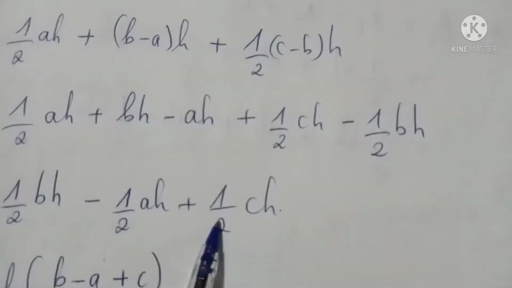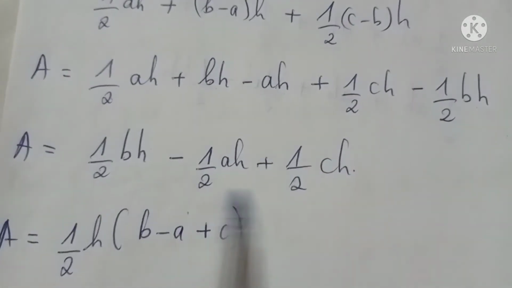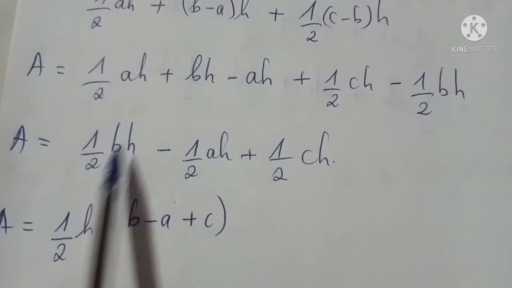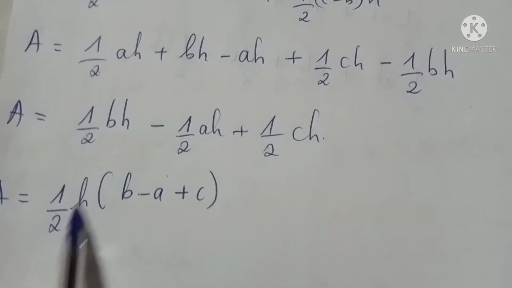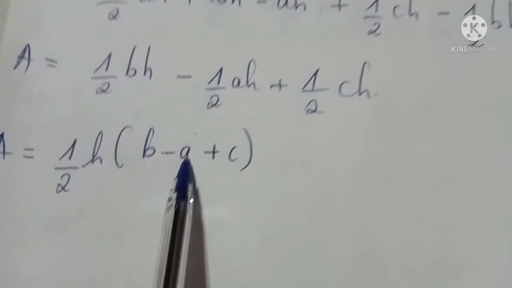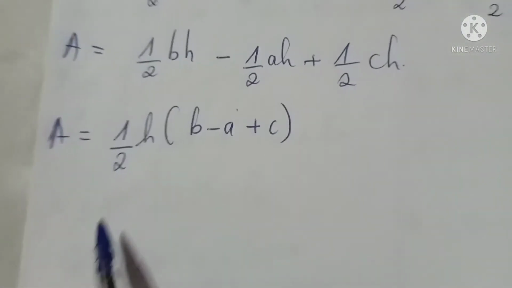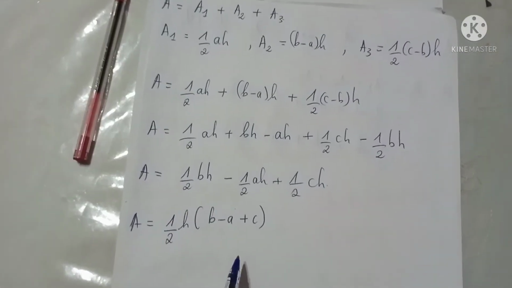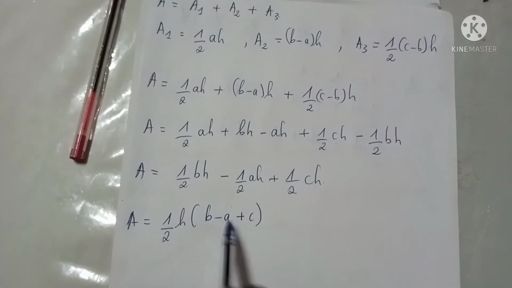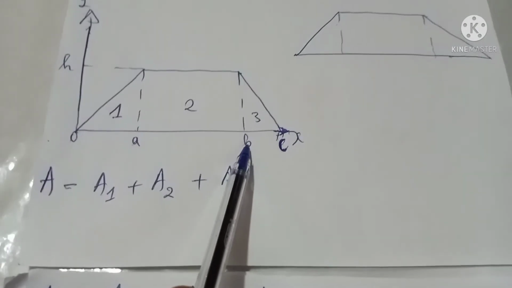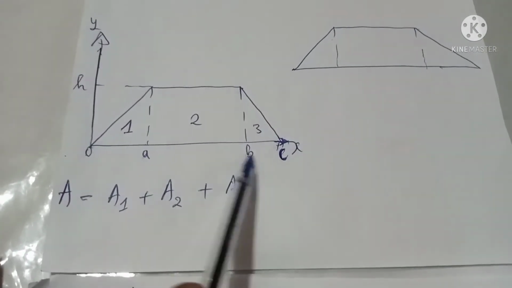Now if you look at all three, you see that half is common and h is common. So when we factorize, we are going to have b minus a plus c. As we have b minus a plus c, if you look on the drawing here, b minus a is the distance.